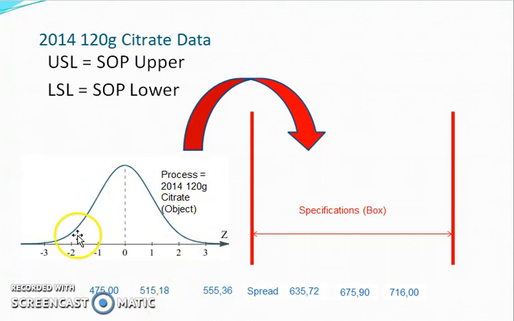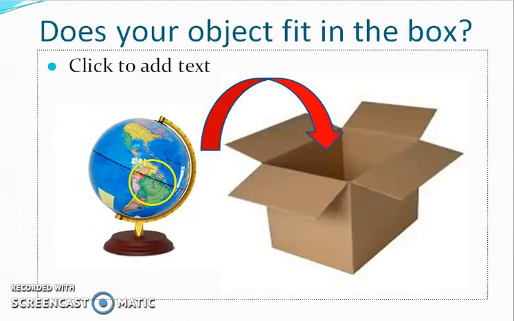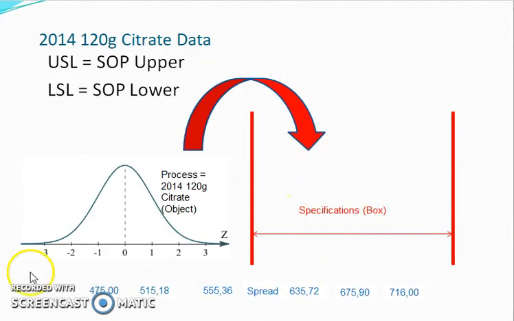The process is like the object, the globe, and the box represents what we call specification limits. So ultimately, my beautiful students, the conclusion we came up with after our discussions was that the process is the same as that object. We can manipulate the process. It is very, very rare that we can change the box or the specifications.